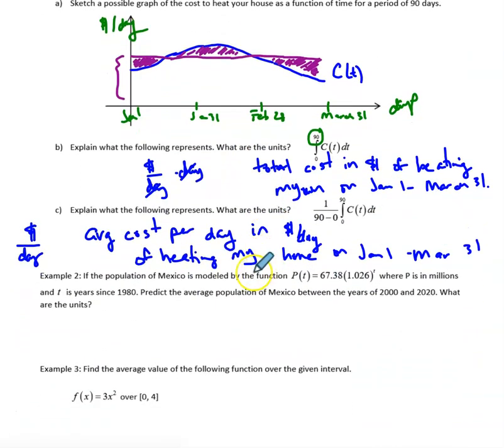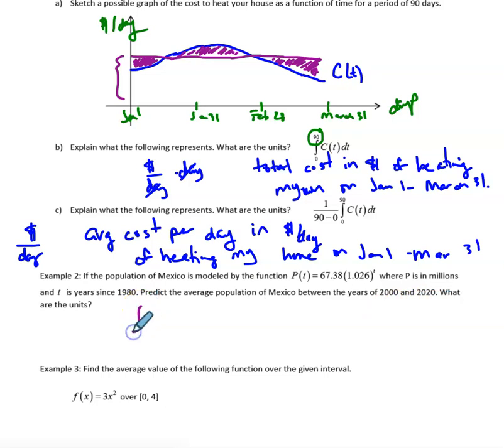Okay, next example. This one is a calculator example. They're saying that the population of Mexico is modeled by this given exponential function where p is in millions and t is in years since 1980. And they want you to predict the average population of Mexico between the year 2000 and the year 2020. What are the units?